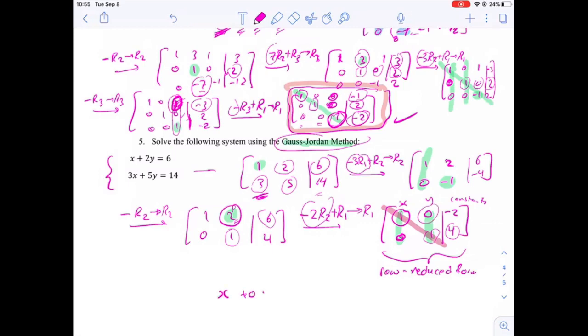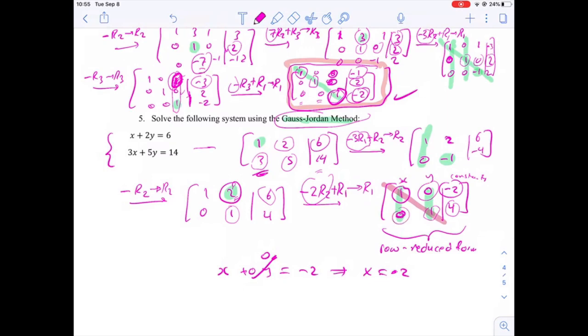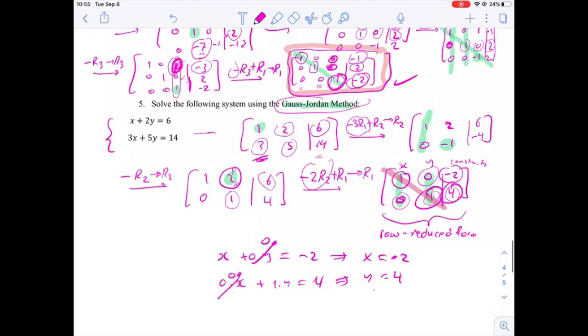Now this is a coefficient of x, so we have x, and this is a coefficient of y, plus 0y equals -2, but 0y is 0, that means x equals -2. And the second row, 0 times x plus 1 times y equals 4. So this is 0, we get y equals 4. So the solution is the ordered pair (x, y) equal to (-2, 4).